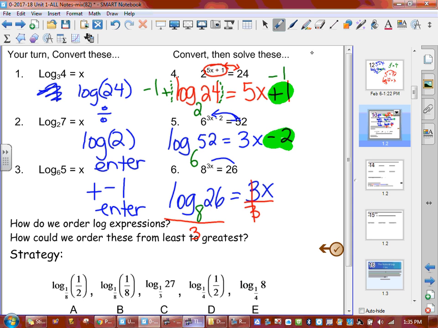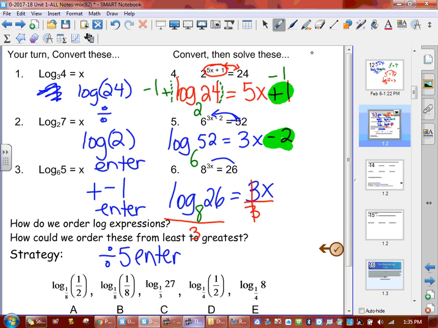Okay, so those are the steps that you have to solve it. So log 24, divide by log 2, that's if you don't have the log base button. Hit your enter. Add -1. Hit enter. Then divide by 5. So I want a decimal answer to 2 decimal places. So what are we going to get for a decimal answer to 2 decimal places?